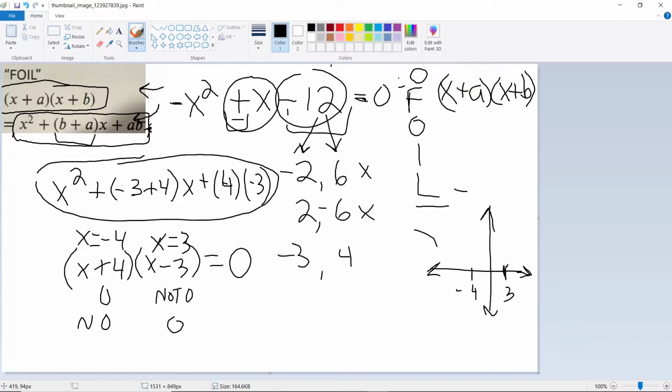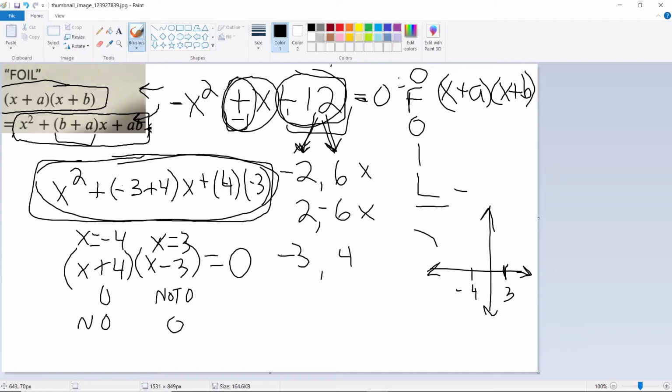This FOIL: x plus a times x plus b equals x squared plus b plus a x plus a times b. Again, we don't normally write it in that format, but we can. But really, it's reverse FOIL. We have to find a pair of numbers that multiplies to the constant, just the number, and adds up to whatever number is in front of x.